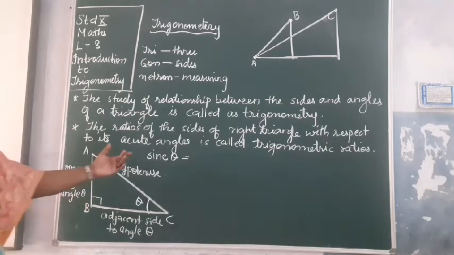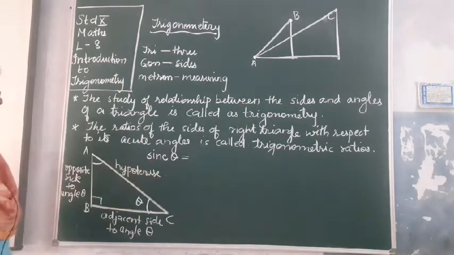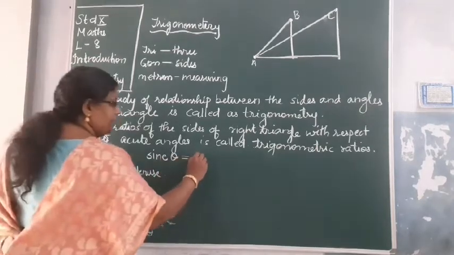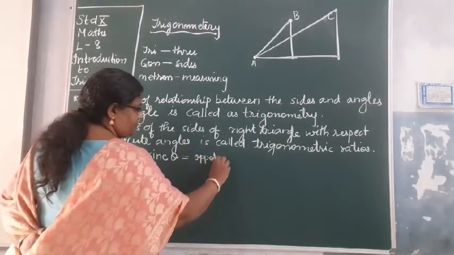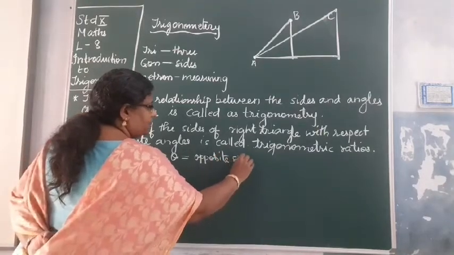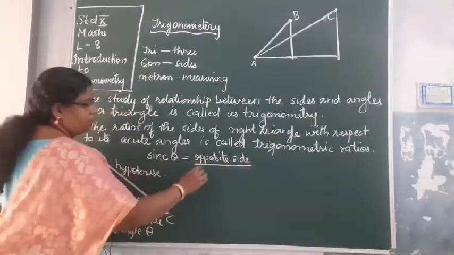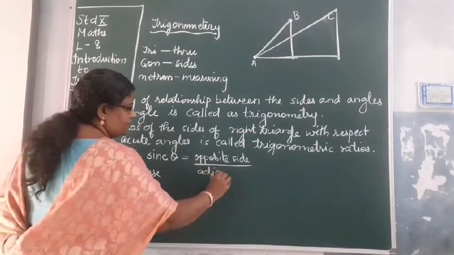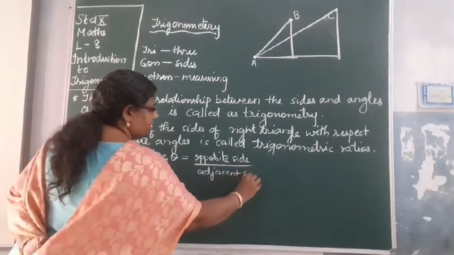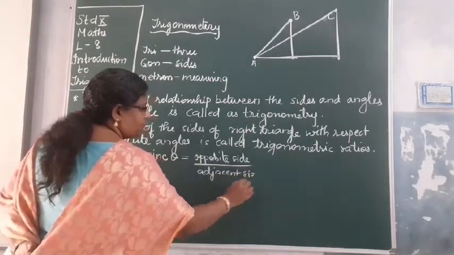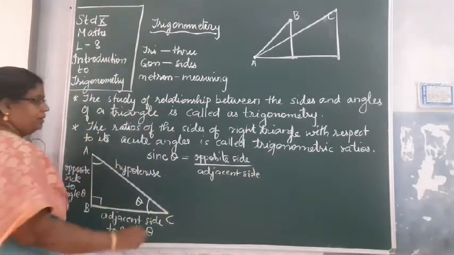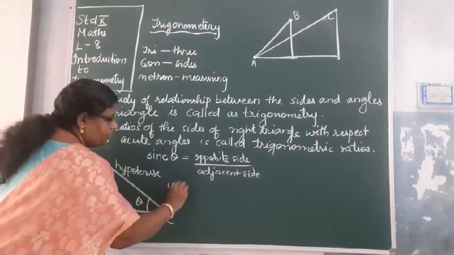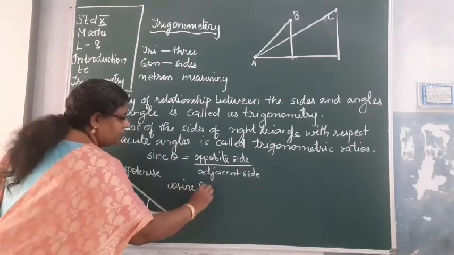सो हाउ डू यू रिप्रेजेंट दिस sin theta equal to? That sin theta will be equal to opposite side upon adjacent side. That is how you represent sin theta. ठीक है? Then next trigonometric ratio is cosine theta.